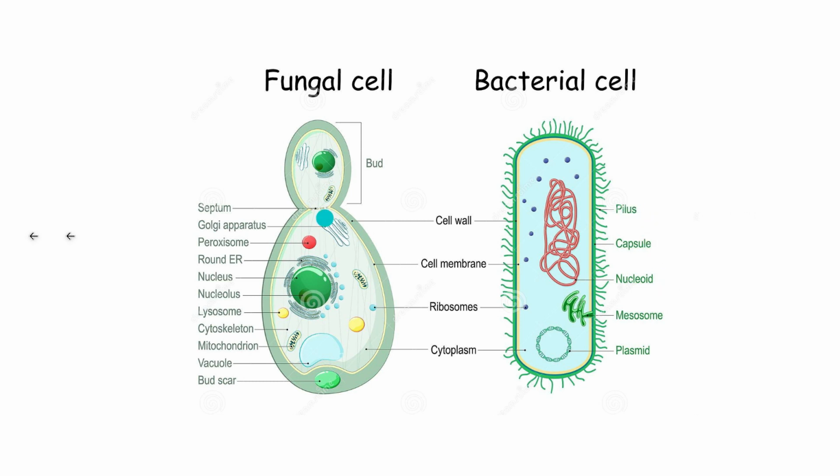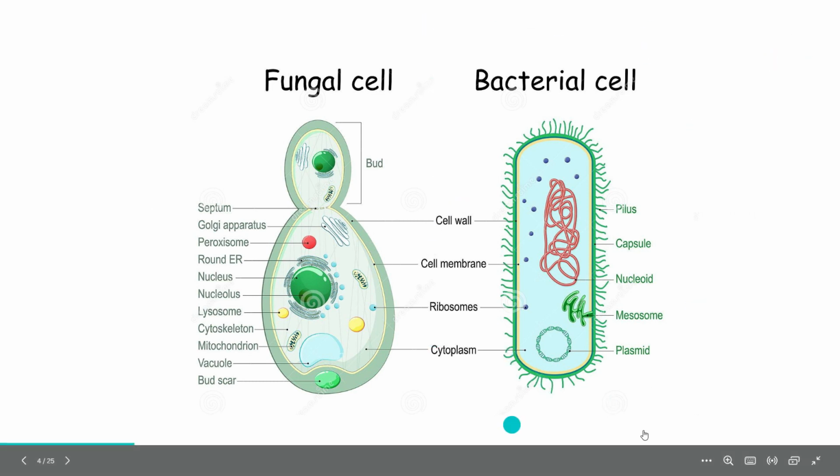Whereas in fungi, you can see endoplasmic reticulum, lysosome, cytoskeleton, mitochondria, vacuoles, Golgi complex, which are absent in the bacterial cell. So it is called a primitive cell.